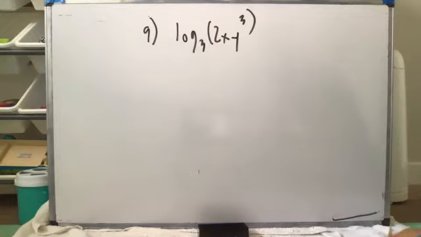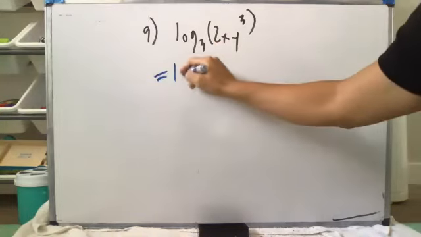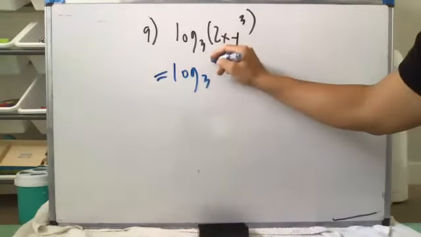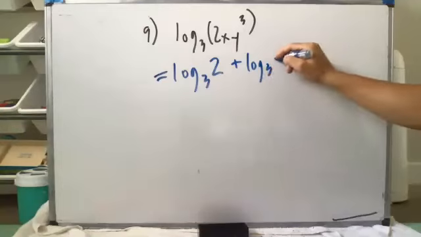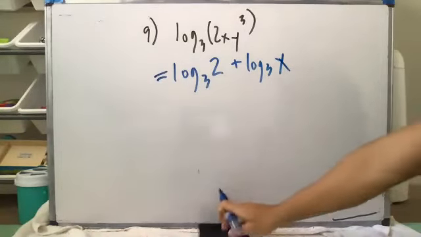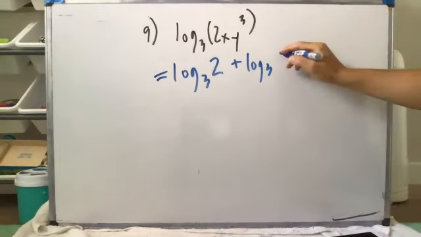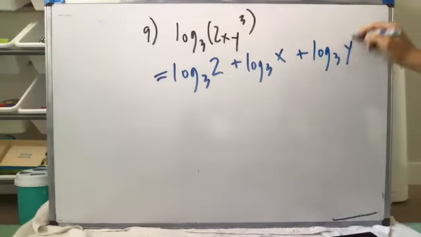Let's just do one at a time. All right, so we have a couple things going on. Let's deal with the multiplication first. So this is going to be log base, multiplication, remember, becomes addition, right? It's log base 3 of 2 plus log base 3 of x, and then log base 3 of y cubed.